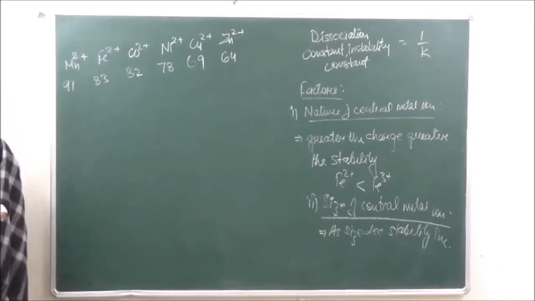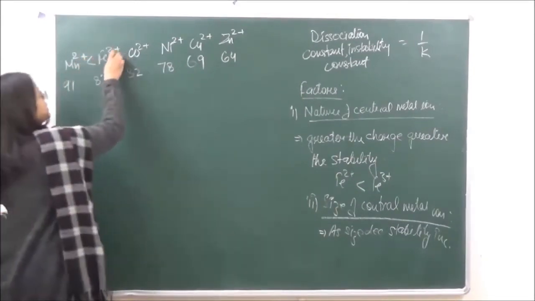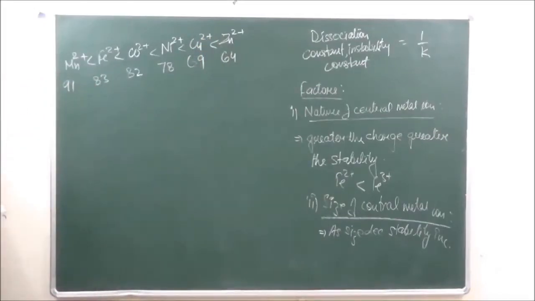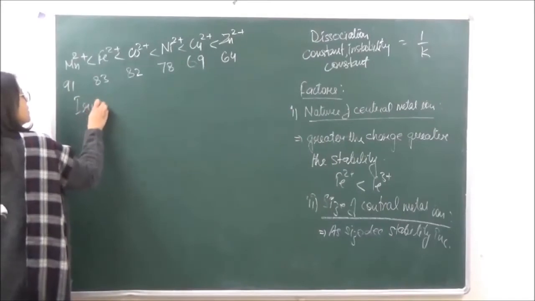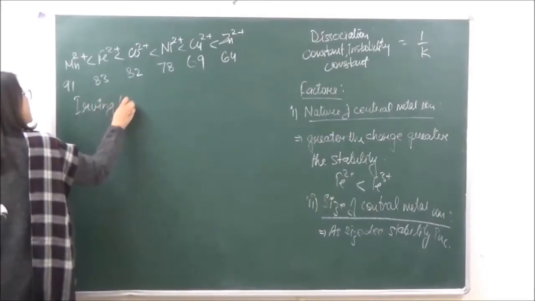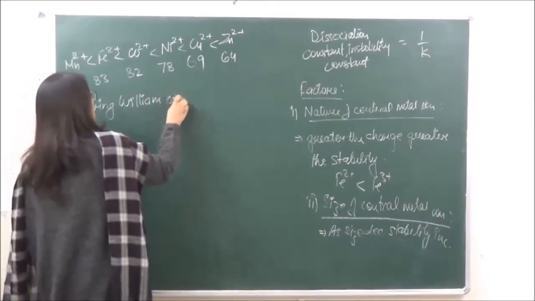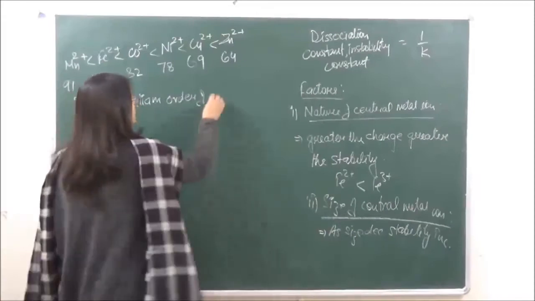Now over here, as the size decreases, the stability will increase. So the stability increases in this order, and this order is known as the Irving-Williams order of stability.